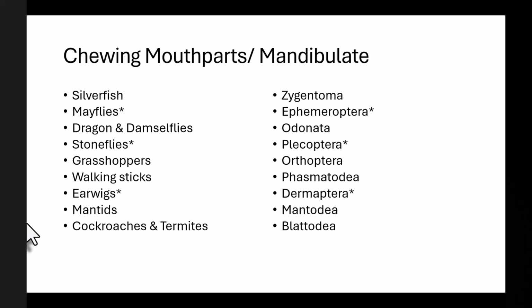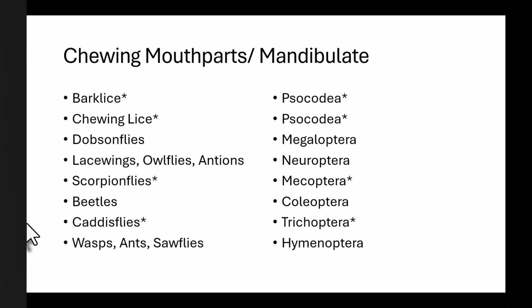Insects with these chewing or mandibulate mouthparts include the silverfish, order Zygentoma, mayflies, order Ephemeroptera, dragonflies and damselflies, order Odonata, stoneflies, order Plecoptera, grasshoppers, katydids, and crickets, the orthopterans, walking sticks, Phasmatodea, earwigs, Dermaptera, mantids, Mantodea, cockroaches and termites, Blattodea, bark lice and chewing lice in the order Psocodea.